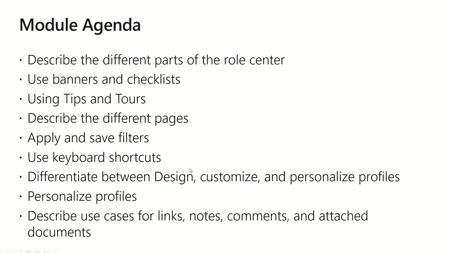Now, designing is, for example, if you see the form, in Dynamics 365 Business Central, you have to know one term that they're using. They don't usually call it a form, but they call it a card.